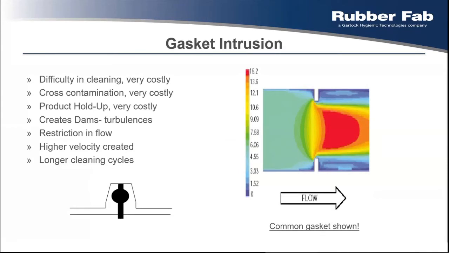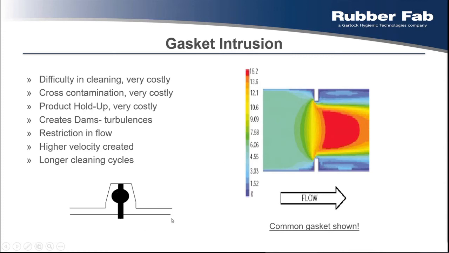Another topic we discussed in depth in our first webinar is gasket intrusion. When a gasket is not really dimensionally stable, or if the gasket dimension was picked wrong in the first place, we have what we call gasket intrusion, meaning the gasket reaches into the process.